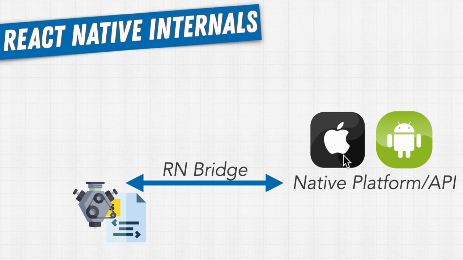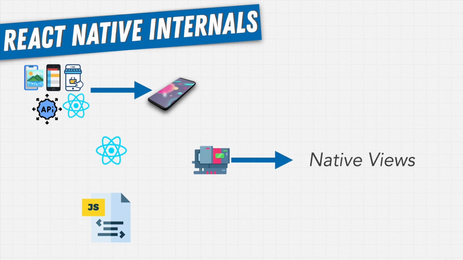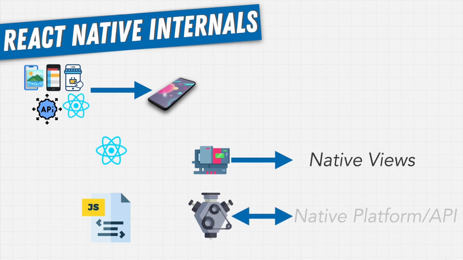So again, if we review, we have the views which get compiled into native views. So the phone receives the exact native code, so it's super, super performant. But it also receives this JavaScript virtual machine and the React Native bridge to communicate with the phone as the user is using the app.